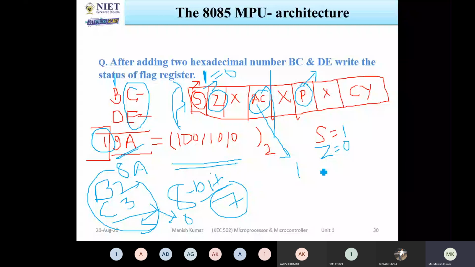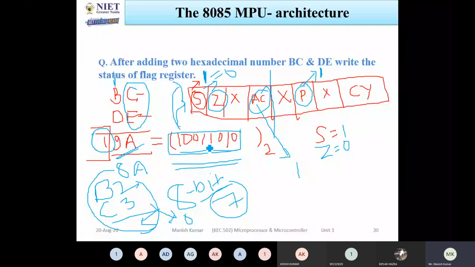So P equals 1. Why? Whatever the result is, you have to count the number of ones. If it is even, then the parity bit will be set, otherwise it is reset. In this case we are getting 4 ones, so this is an even number, so I am writing P equal to 1.